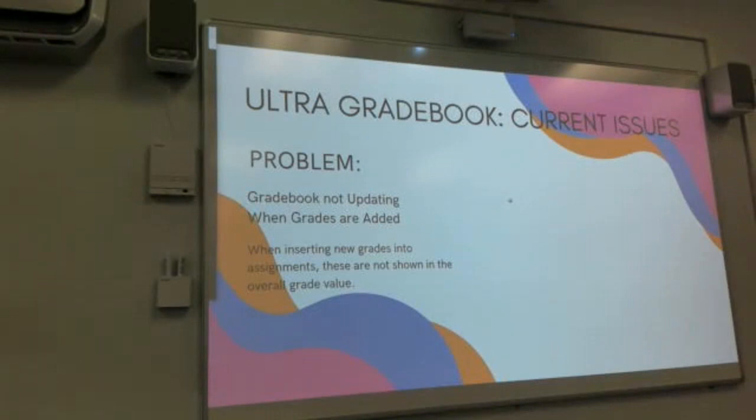It is being speculated that in courses that were set up during the Learn to Ultra conversion kit, there might be some malfunctions where, when you're inserting new grades, they're not shown. The overall grade does not display them properly.